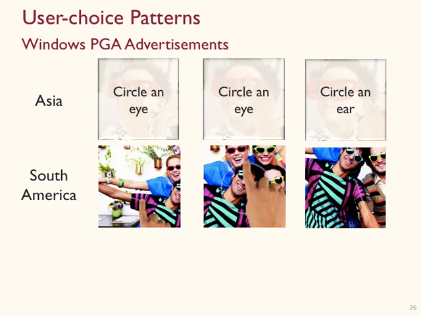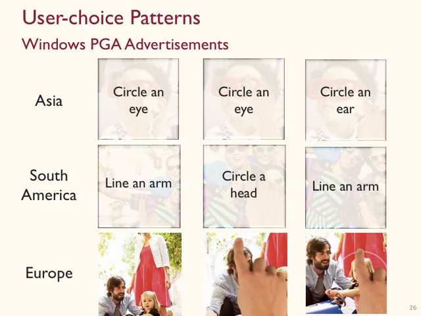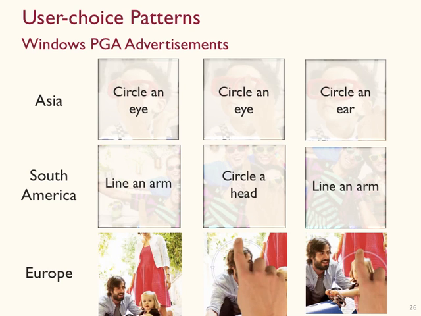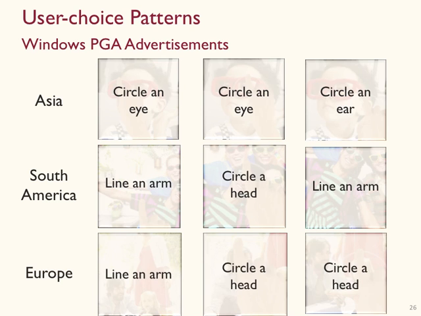So they are not using random gestures here, even in their advertisement. In your world, the same thing. Line and arm, circle a head, or circle a face, and circle another face.